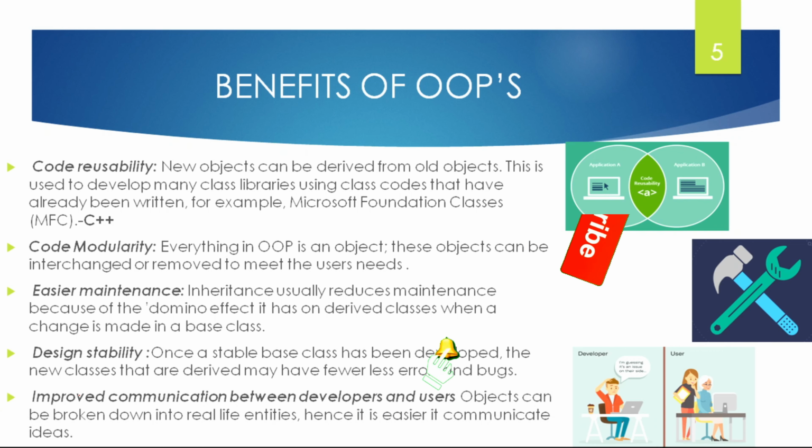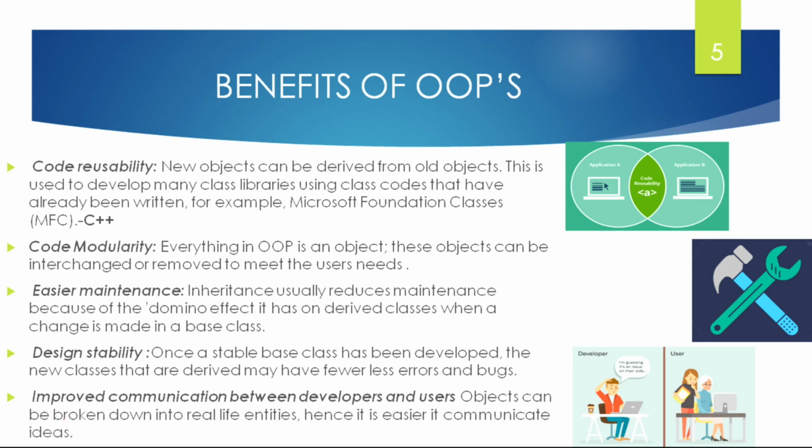And the next use is improved communication between the developers and the users. It is an important task that the developers have to do. Objects can be broken down into real life entities, hence it is easier to communicate ideas.